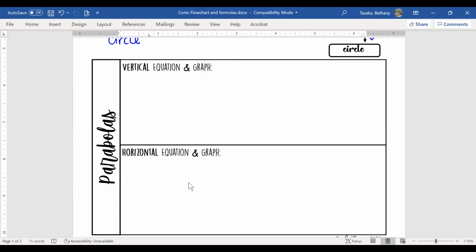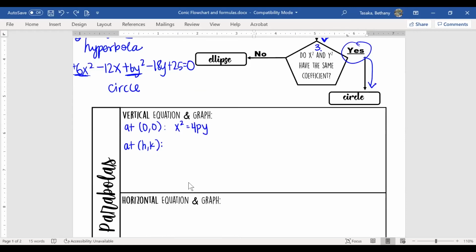For our vertical parabola, maybe you split it into at 0, 0, which would be x squared is 4py, or you can remember at (h, k). Because if h is 0 and k is 0, we go back to this. Sometimes it's helpful just to memorize the more complicated one: x minus h squared equals 4p times y minus k.